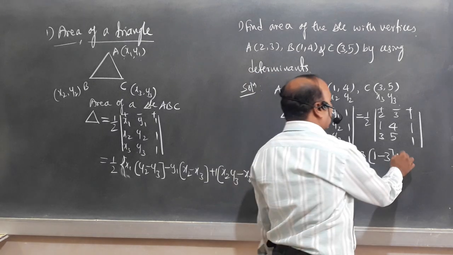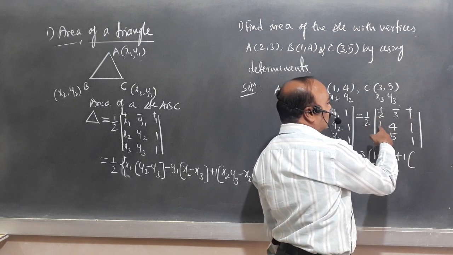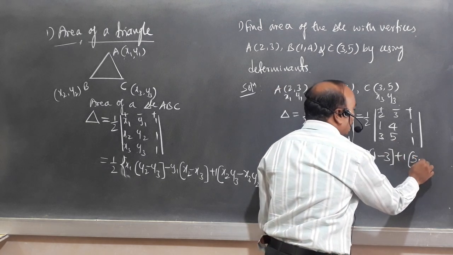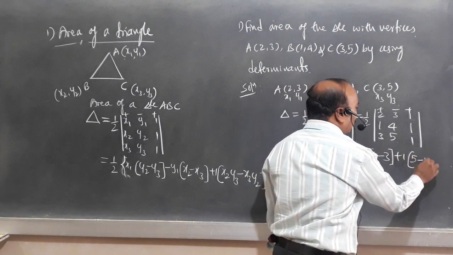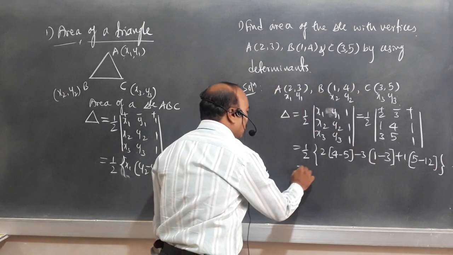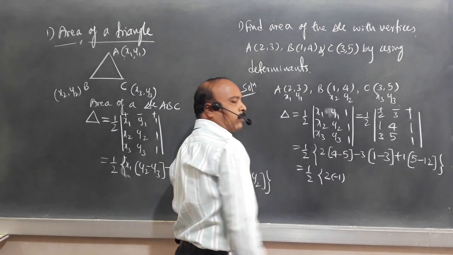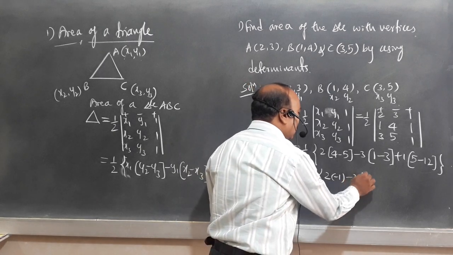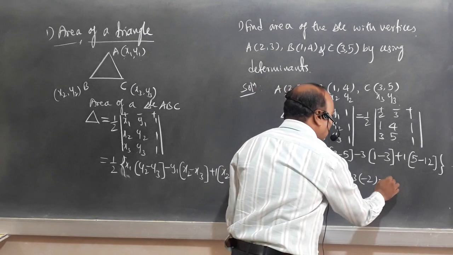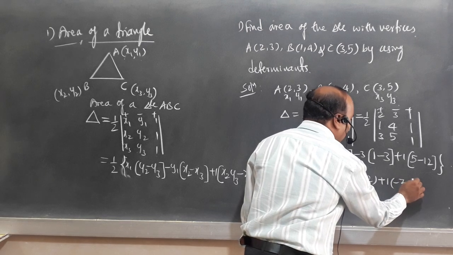After that plus 1, here deleting this column and this row, we get 1, 4, 3, 5. Here 1 into 5, 5, minus 3 into 4, 12, and completion of the bracket. Now it is 1 by 2, 2 as it is, 4 minus 5 is minus 1, minus 3 as it is, 1 minus 3 is minus 2, plus 1 into 5 minus 12 is minus 7.